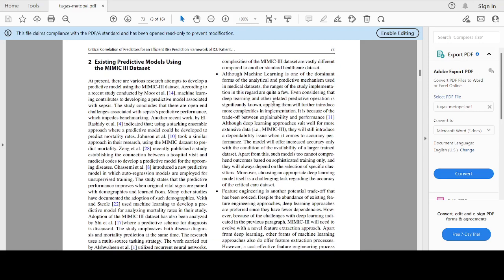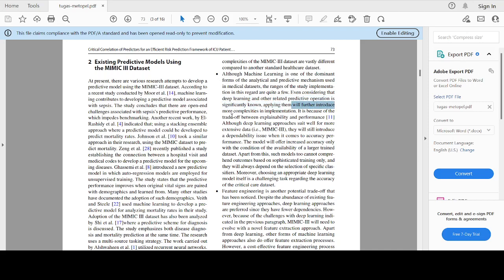from previous research, even considering deep learning and other related. Okay, so it mentioned deep learning, but I don't know why it doesn't mention it before. Maybe this research categorizes deep learning as machine learning, I don't know. Another related predictive operation is significantly known.